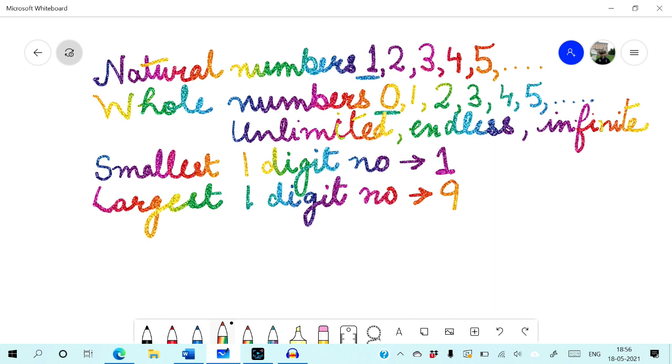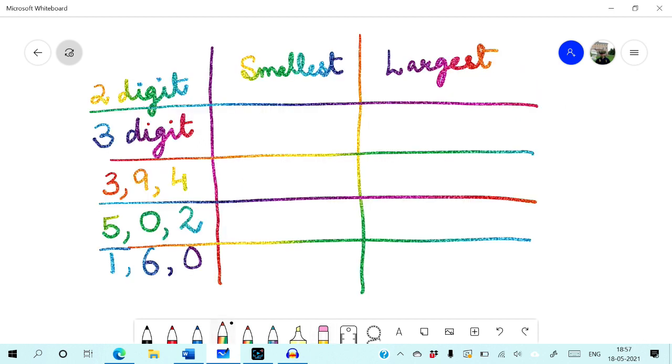Now we will talk about 2-digit and 3-digit numbers also. Okay. So children, I have made this table. Now first of all, I will talk about 2-digit numbers.